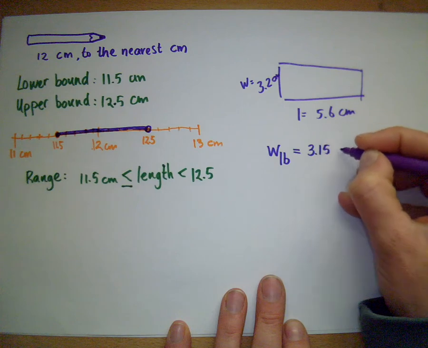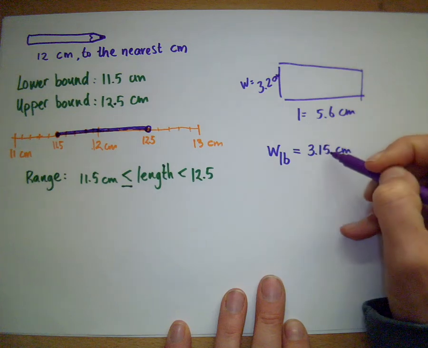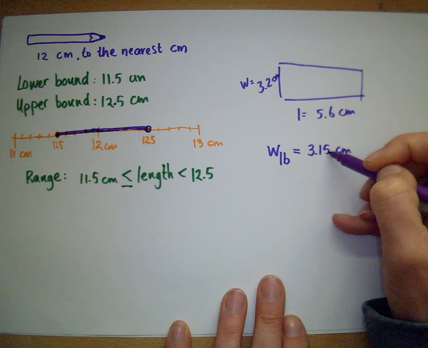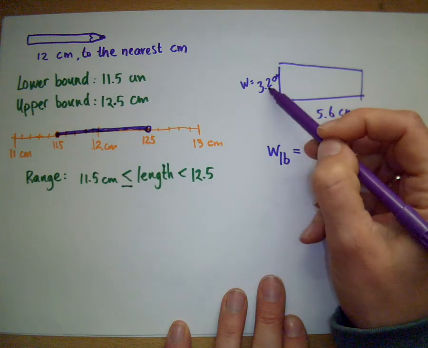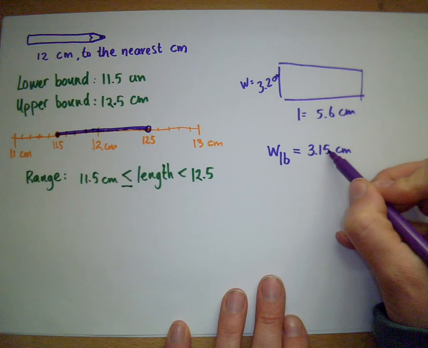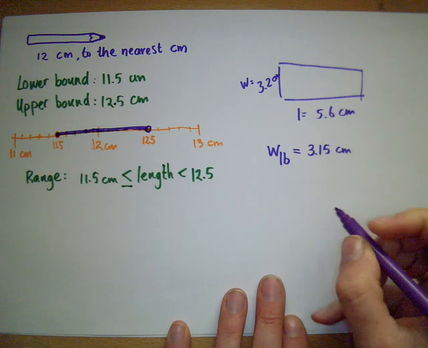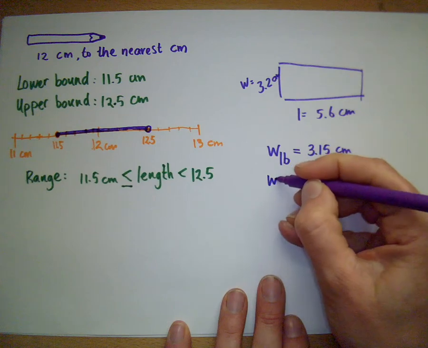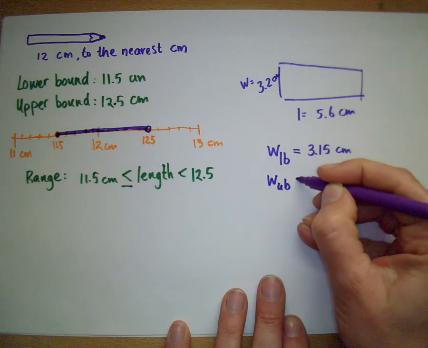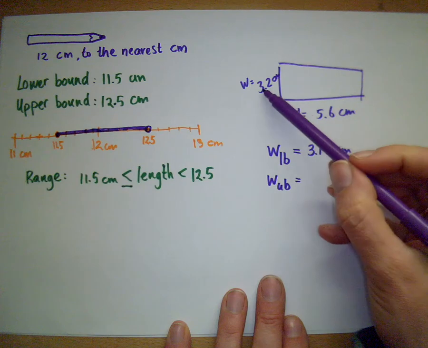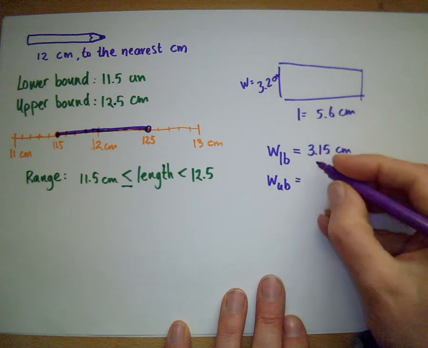3.15 centimeters, right? If it goes below 3.15, it would round down to 3.1. Starting at 3.15 and up, it rounds up to 3.2. The width's upper bound would be 3.25.